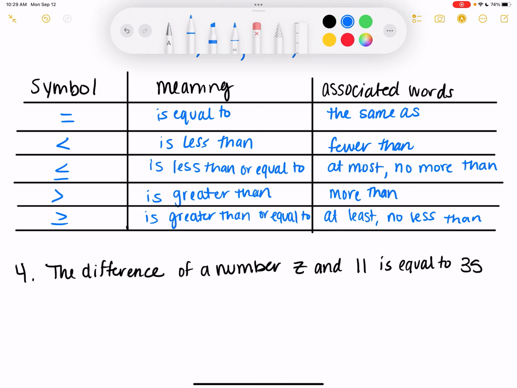Yep. Z minus 11 is equal to 35. So the is equal to gives us the equal sign, and difference is giving us the minus there.